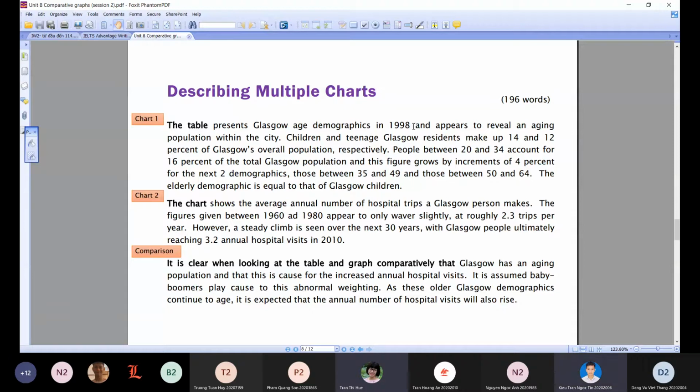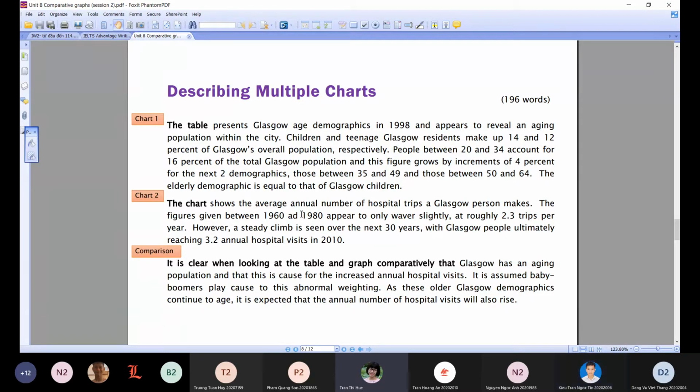So this is what the table is about, and it is usually the introduction. Appears to reveal an aging population within the city. So this is the overview. So the first sentence is both the introduction and overview, right? And the next sentences are the statistics from the first chart, or in this case, the table.